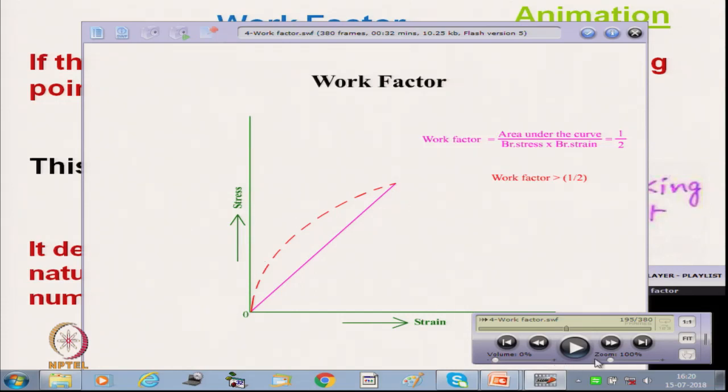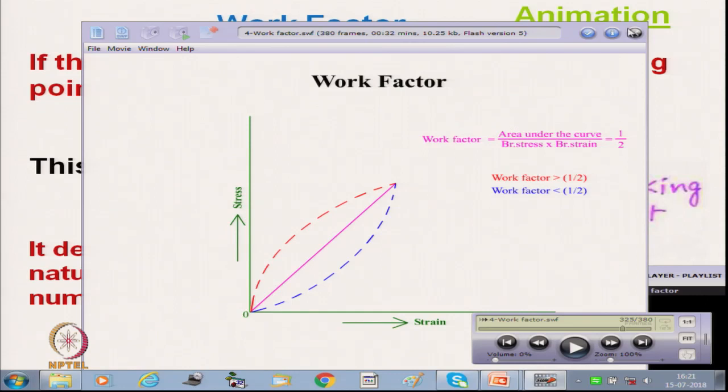Okay. And on the other hand, if we see the other type of curve, it shows with the blue line. So, this is the curve where the work factor is less than half. So, by knowing the value of work factor, we can actually predict what type of nature of the curve it is. Okay.